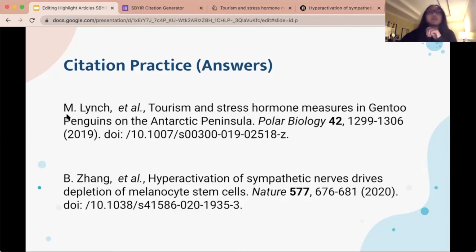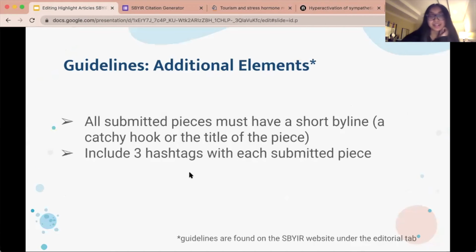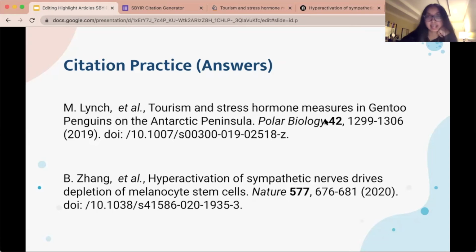Okay, but basically we can see that both of these citations follow the general format of first initial, last name, followed by comma, et al, period, comma in italics, and then the title of the article, followed by period, and then the name of the journal in italics, followed by the volume number in bold, and then comma, page numbers, and then the year in parentheses, followed by a period and the DOI number.